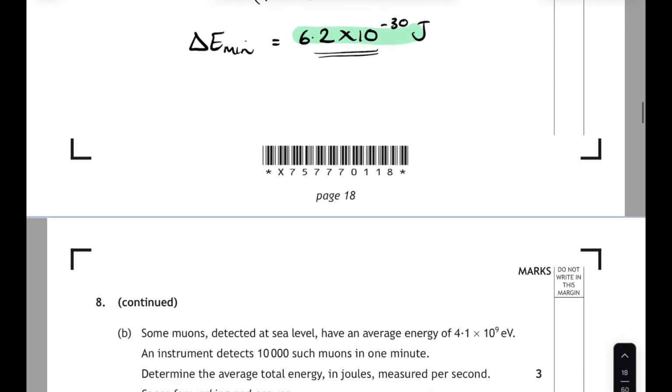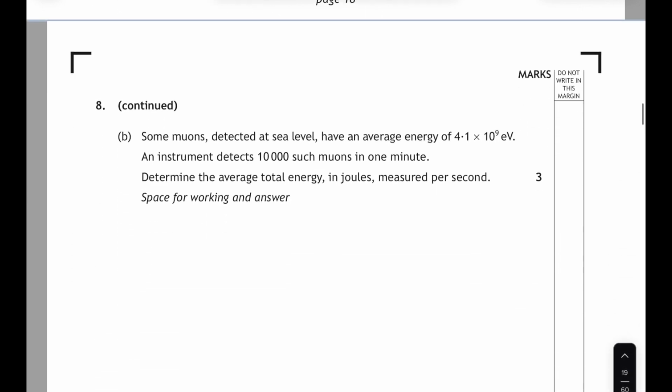Okay, part B. Some muons detected at sea level have an average energy of 4.1 times 10 to the 9 eV, that's electron volts, and an instrument detects 10,000 such muons in a minute, and we've to determine the average total energy in joules measured per second.